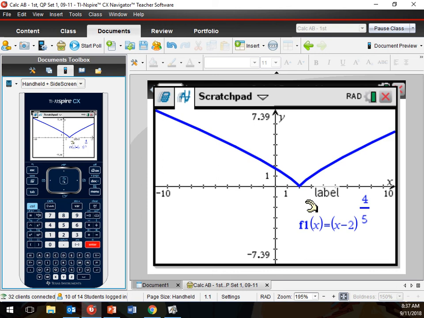But if you notice at that point right there, that is a corner. I cannot take a derivative at that point. I can go through and do the math using the algebra way, but this is so much easier with the voodoo method, so I don't want to bore you with the algebra. I'm just showing you why it doesn't come up.